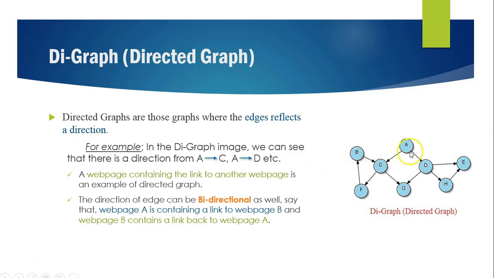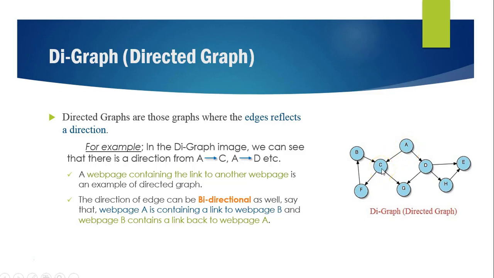If we see this diagram here, this represents that web page B is directing us to web page C. It means web page B might contain a link to web page C. Similarly, web page A is directing us to web page C. That means web page A can also contain a link to web page C. It can happen that web page C can direct us back to web page A. In that scenario, it will be a bidirectional association.